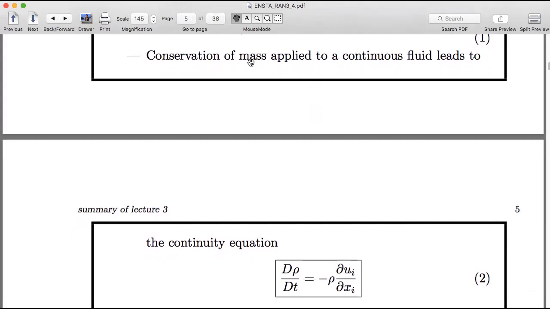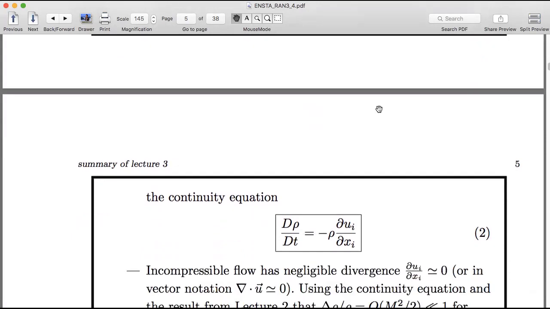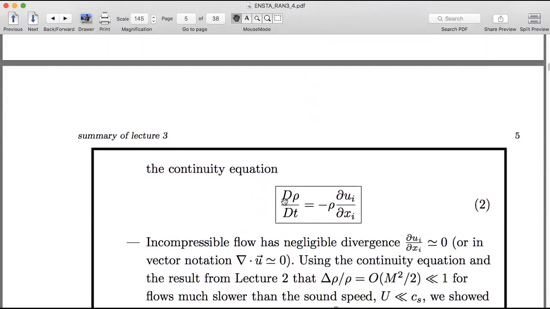When we apply the notion of conservation of mass in this continuum framework, we actually found we could write it in several different ways. One way was to write the material time derivative of the density equals minus the density times the divergence of the velocity.